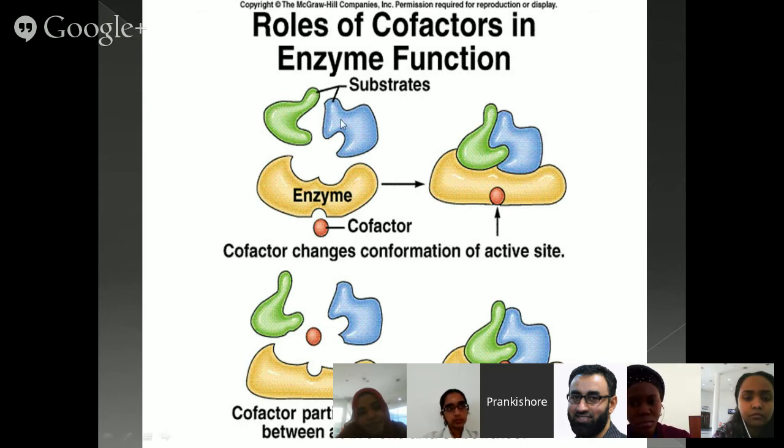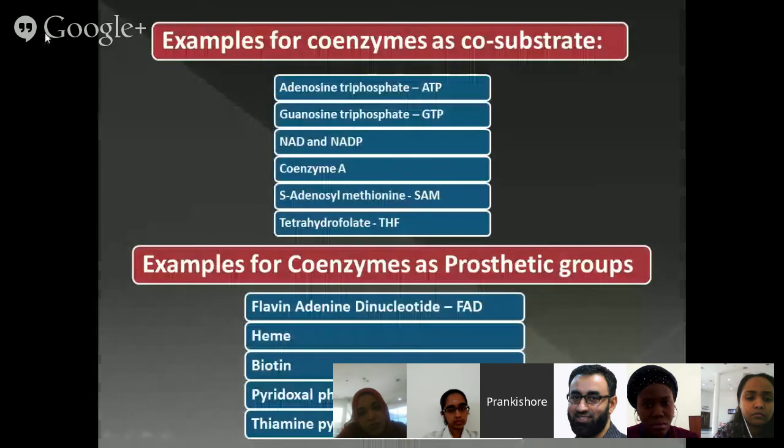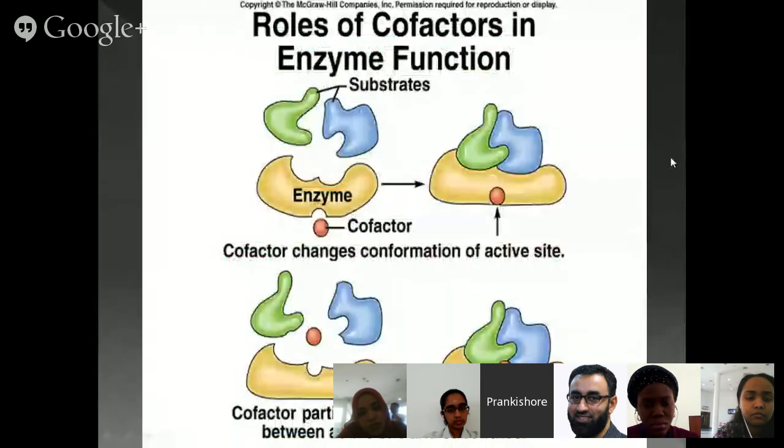In such a case, the cofactor modifies or changes the conformation of the active site, which allows the substrate to bind easily. So the first role of cofactor in enzyme action: cofactors change the conformation of the active site.